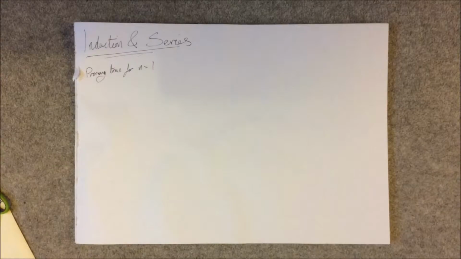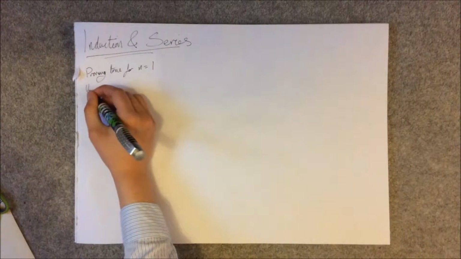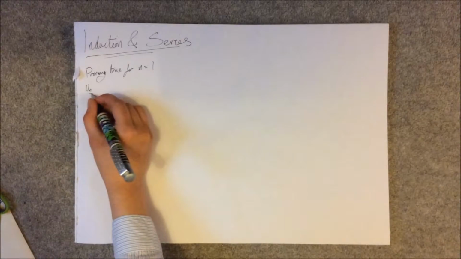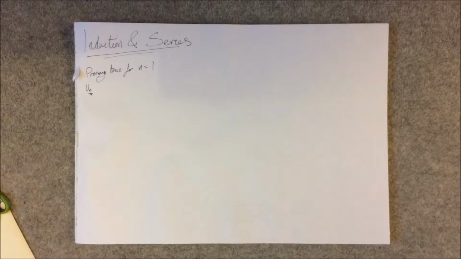So for a series where each term is un, you are given the value of the equation when n equals 1. To prove that it's true, you simply have to sub it into your second equation and see if it gets the right answer. And that's all you have to do.